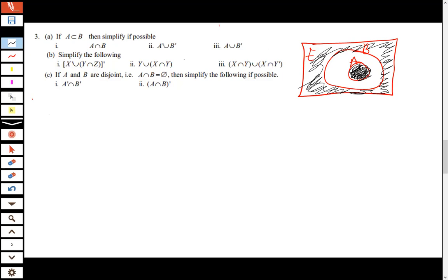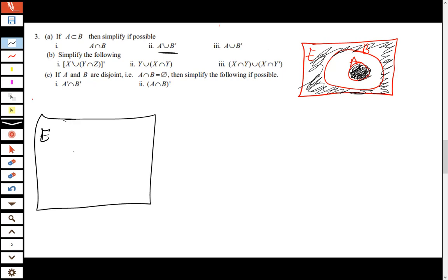Like for instance, let us try to shade this one. Maybe that's when you get the point properly. Let's try to shade part B. So write E there, and then we have B there, and then we also have A inside. And then let's try to shade this one.